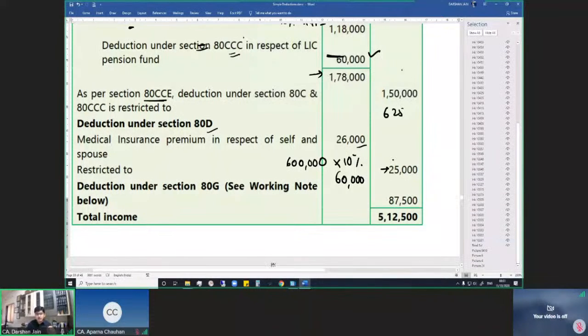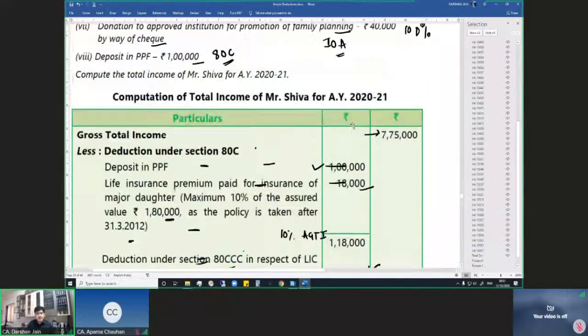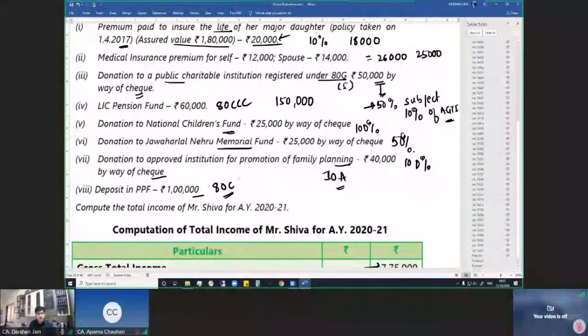Now, what you would do first is utilize this qualifying limit of 60,000 towards that part of the donation which is deductible to the extent of 100%. He has made a contribution to an approved institution for family planning to the extent of 40,000. So out of the 60,000 rupees of the qualifying limit, 40,000 rupees would be entirely used towards this family planning donation that he has given.